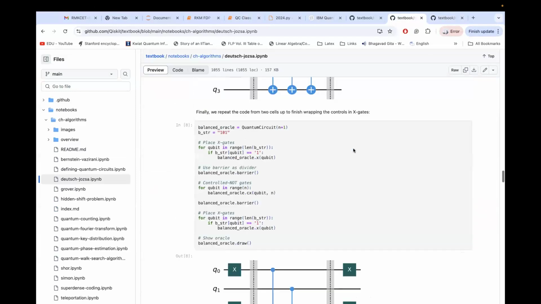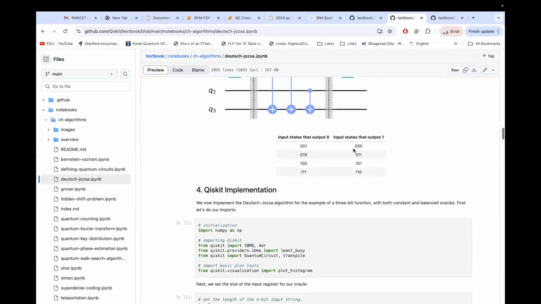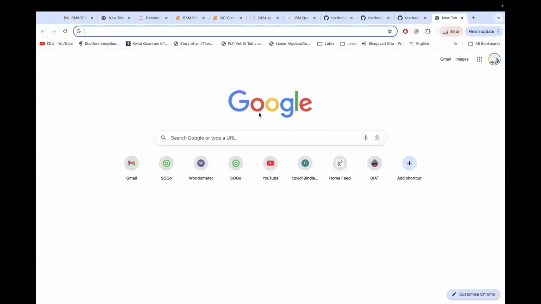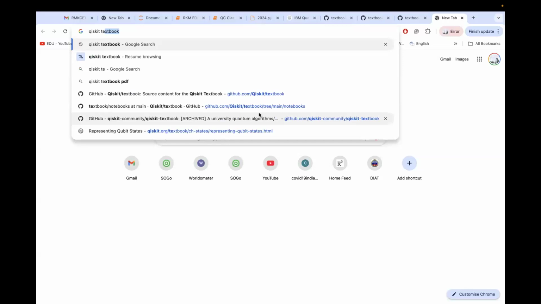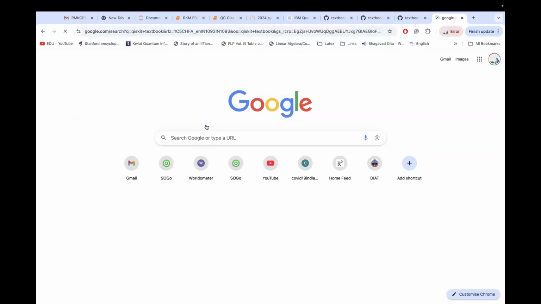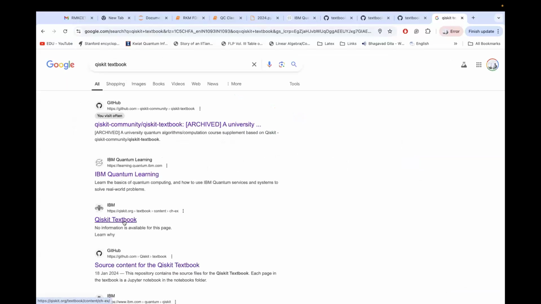I understand your question. Sometime back, like a year back, when I was teaching this Qiskit, I was working with the Qiskit textbook. For example, I'll show it to you here. Yes, it is directing you to this website. Look at this third one, Qiskit textbook. Actually, IBM itself closed this website.